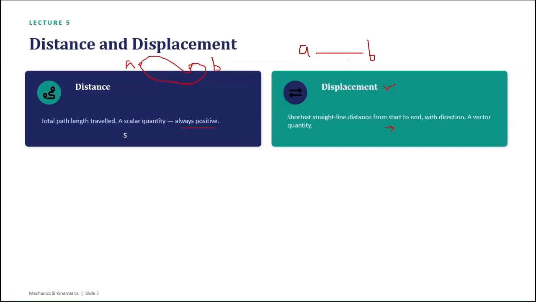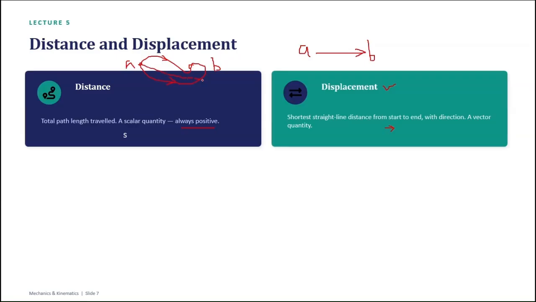So this is displacement, and of course displacement is a vector quantity. This is a vector quantity because this has a specific direction. We can see from A to B the direction is this way. So it has a specific direction, while distance has no direction. From A to B it can be through this path, or through this path, or through any other path.